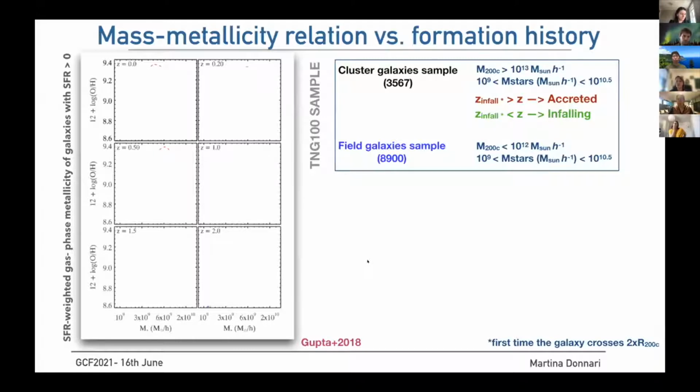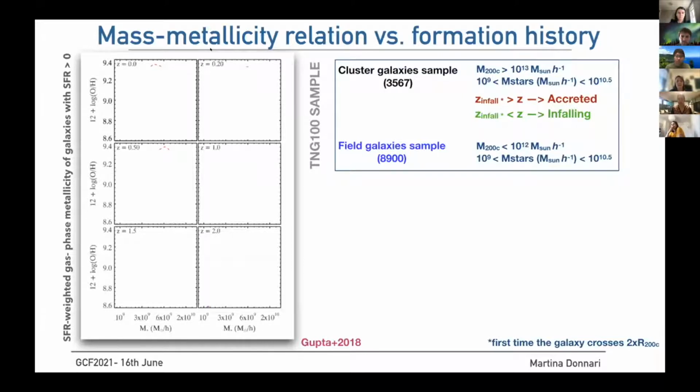They used the TNG100 sample, and they basically divided their galaxies into a cluster galaxy sample, meaning that they select all galaxies between 10^9 and 10^10.5 solar masses, orbiting in groups larger than 10^13 solar masses. And then they subdivided this sample into accreted galaxies, meaning that the redshift of infall is higher than the redshift of the observation, and the opposite for infalling galaxies.